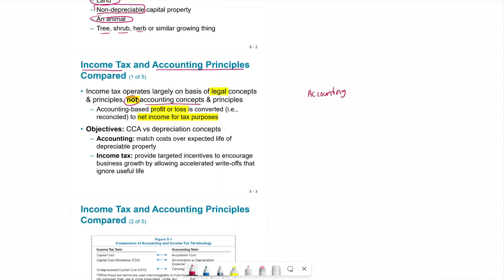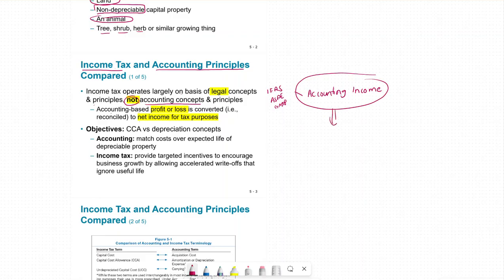You might learn this in your Intermediate 2 class when we talk about deferred taxes. Accounting income is produced using IFRS standards, or the company could be following ASPE if it's private, or what we call GAAP principles.